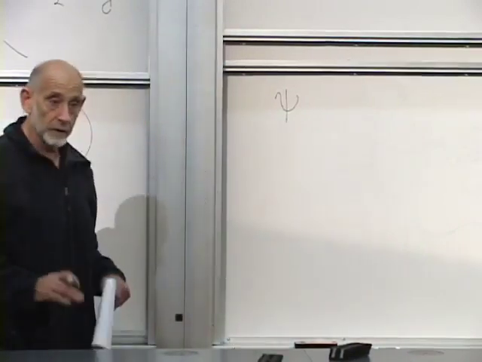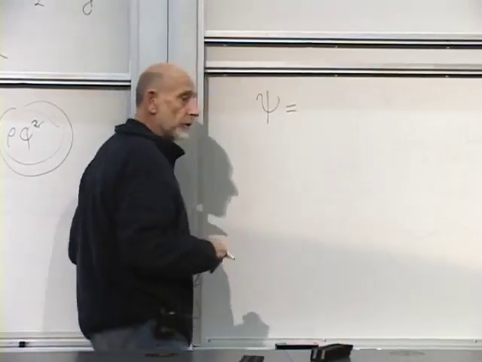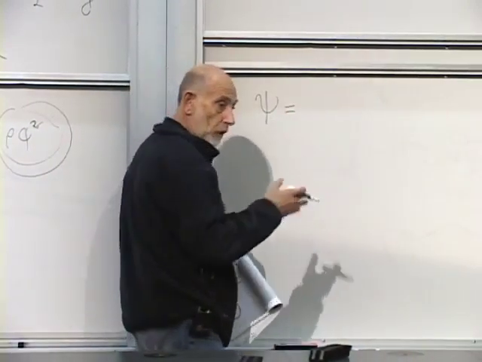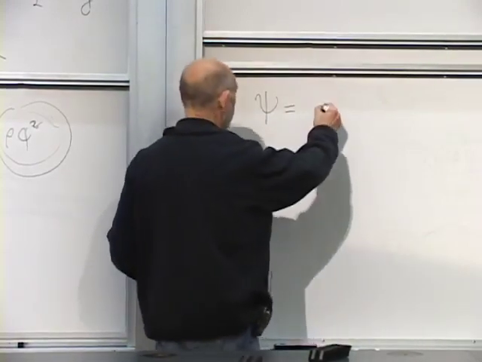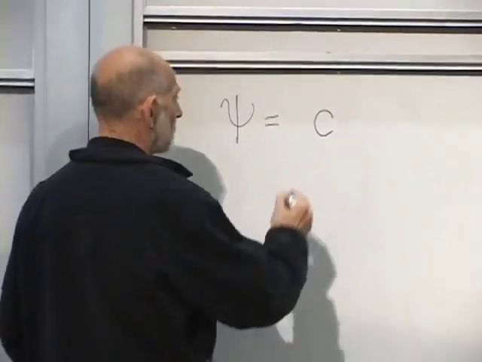Now, first of all, the Dirac field for an electron, psi, is itself composed only out of annihilation operators, so let's write it as C minus.